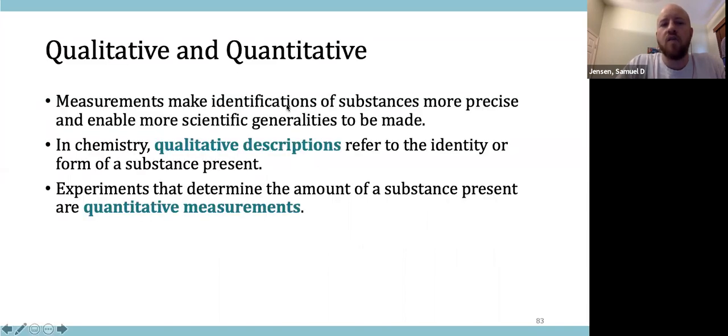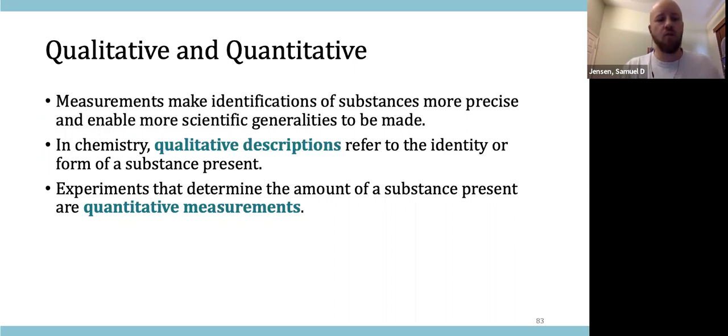Okay, so when we take measurements, we look at qualitative and quantitative measurements. Qualitative are really just how something appears. So in one of the labs that we would normally do if we were meeting in person, a solubility lab, we mix things together and look for color changes and for where solids are being made.